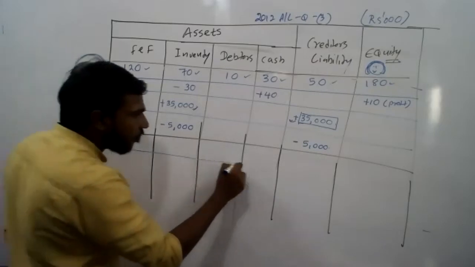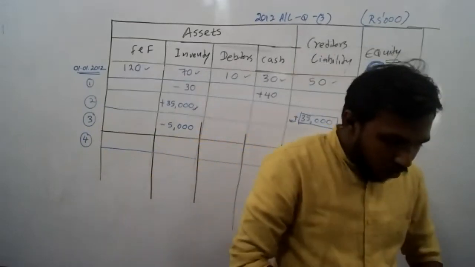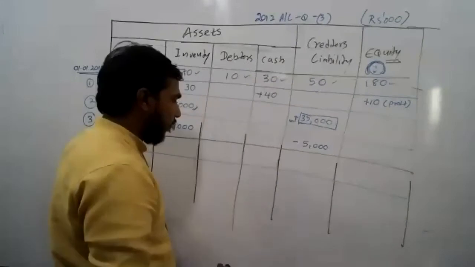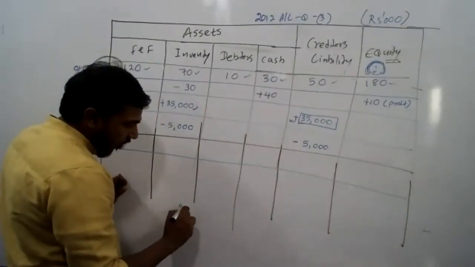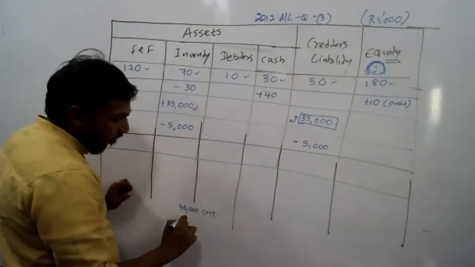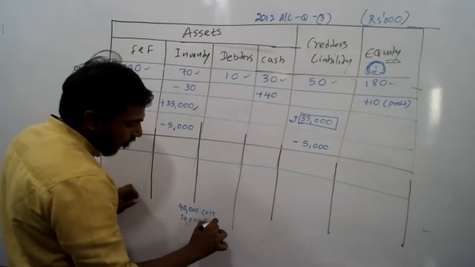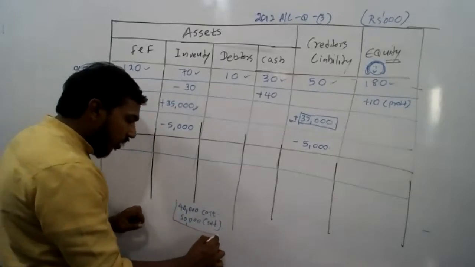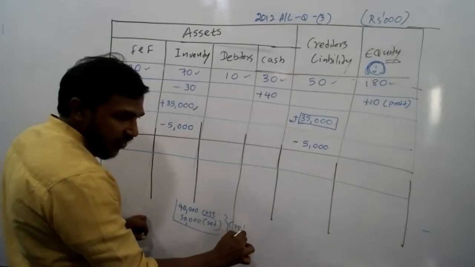Fourth one. Sold goods on credit for 50,000. The cost of these goods was 40,000. Now see, goods costing 40,000 were sold for 50,000 on which basis?